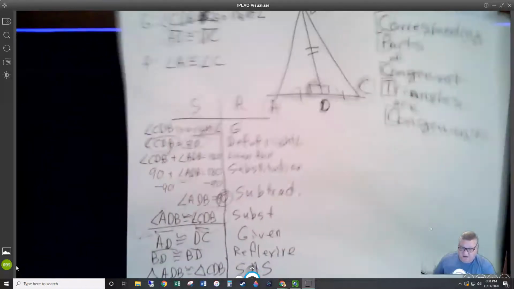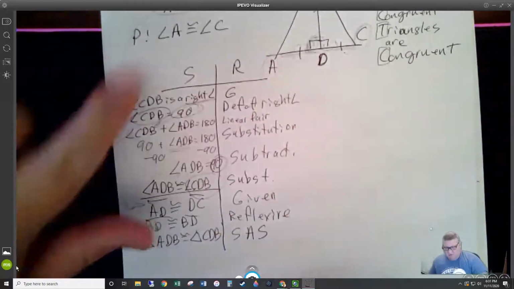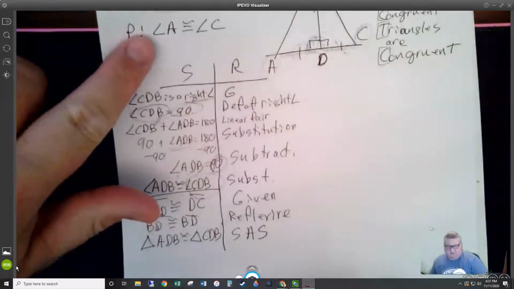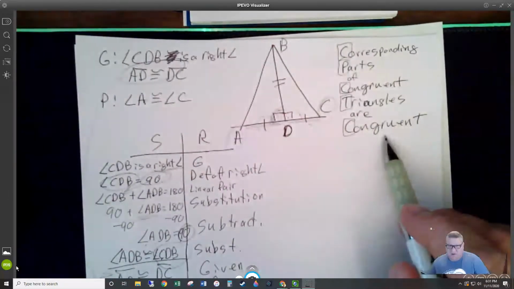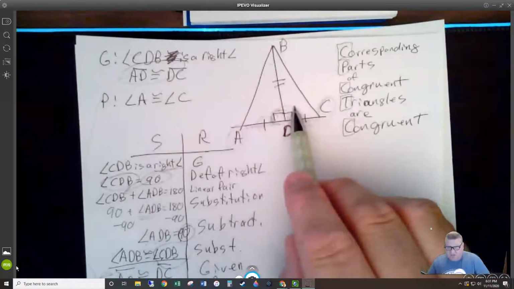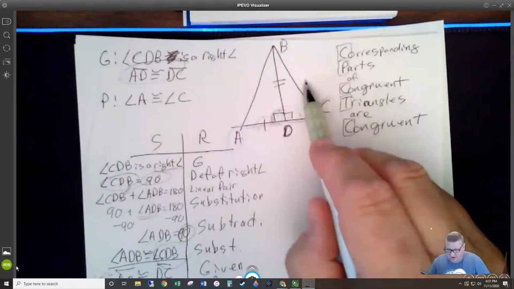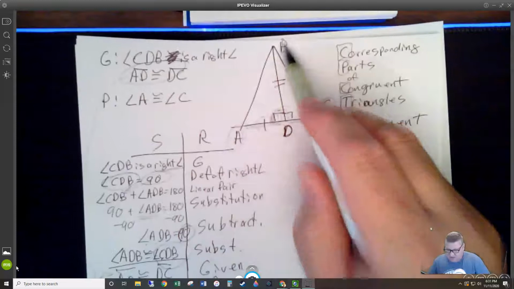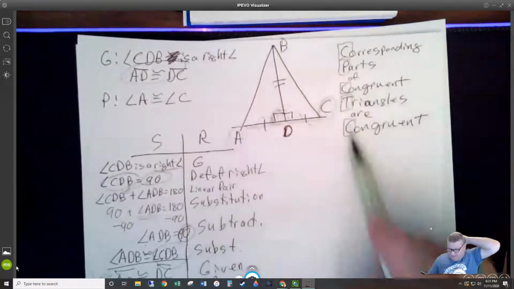Now you say, great, yay, we proved the triangles, but that's not what we're trying to prove. We're trying to prove A is congruent to C. This is where corresponding parts of congruent triangles are congruent comes in. Now that these two triangles are congruent, each corresponding piece of this triangle is going to be congruent to each other. So we could say BC is congruent to BA by CPCTC.